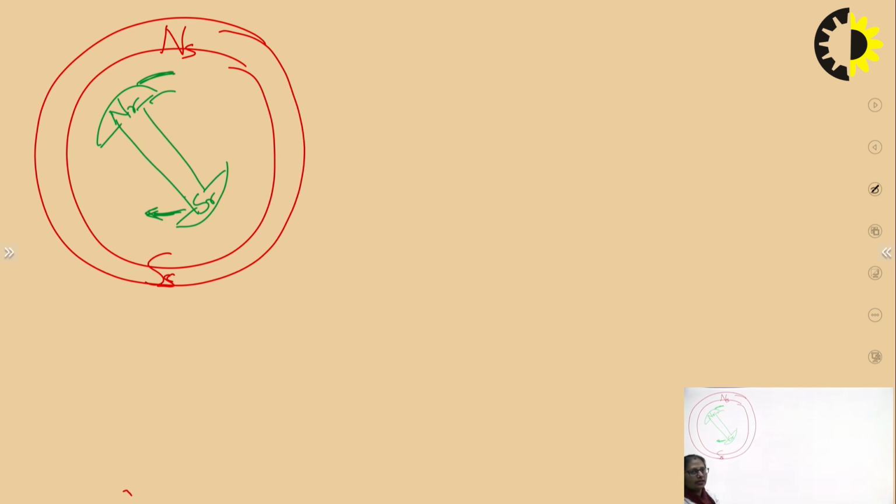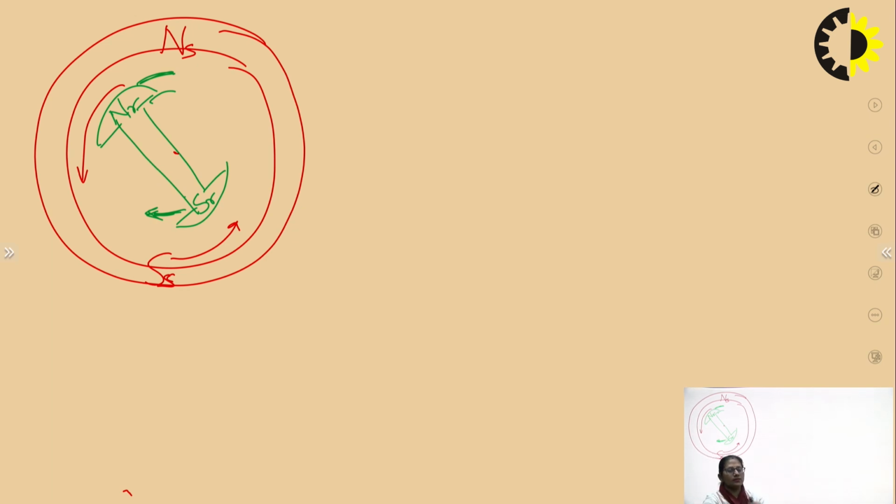The poles will change. Initially it was south, it will be changed to north. Initially it was north, it will be changed to south. In this direction now, what will happen? These two are the common poles, right? They will repel each other. These two will repel each other. Now the rotor will try to rotate in the anti-clockwise direction.